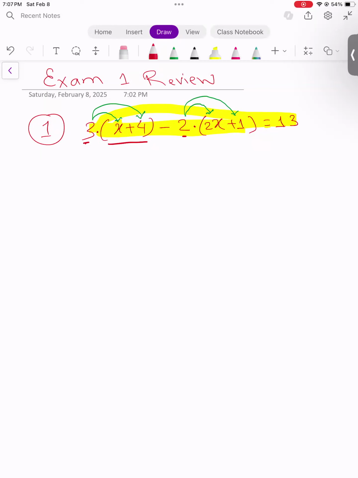So this gives us 3 times positive x, positive 3x, 3 times positive 4, positive 12, negative 2 times positive 2x, negative 4x, negative 2 times positive 1, negative 2, equals 13. Okay, now next we look for the like terms.